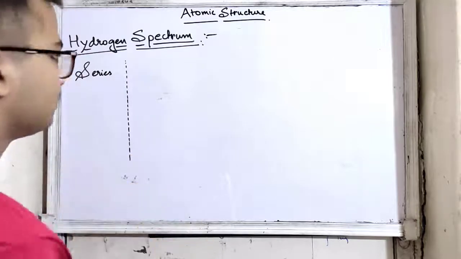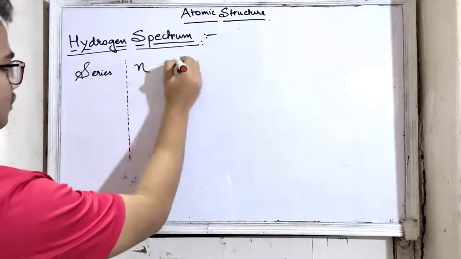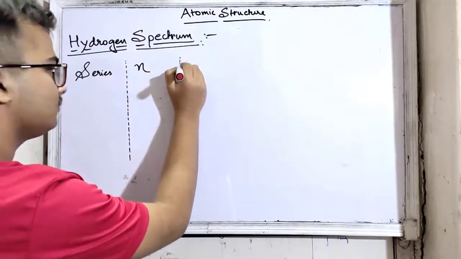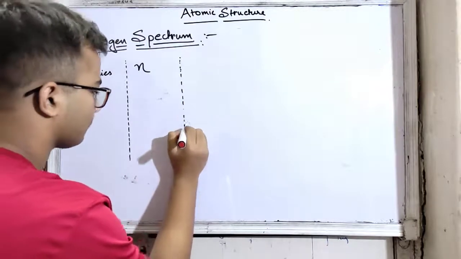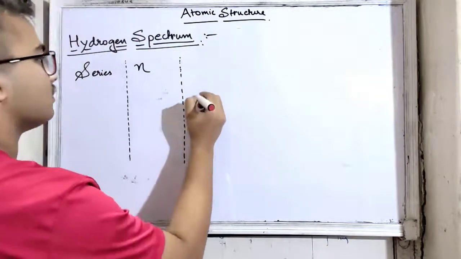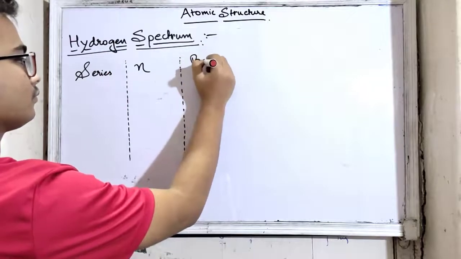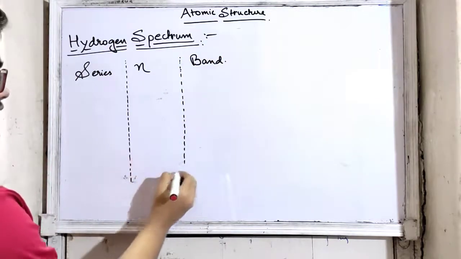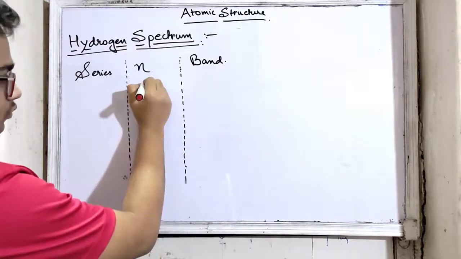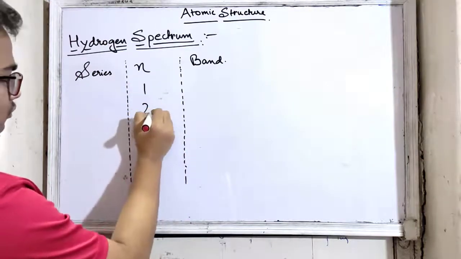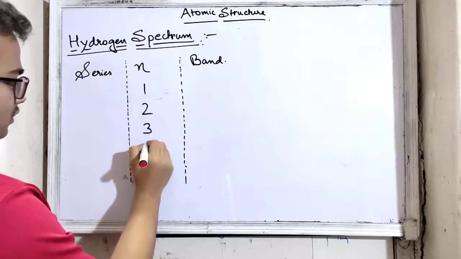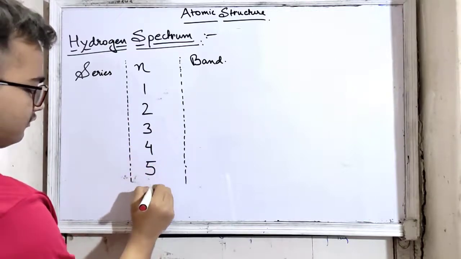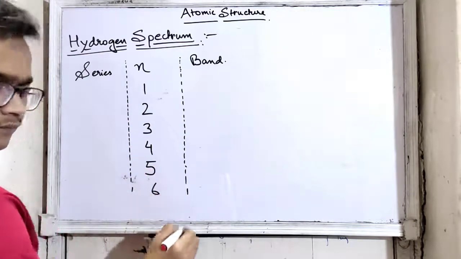Okay, now here will be the value of n, and here there will be band. For n equal to 1, 2, 3, 4, 5 and 6, right.